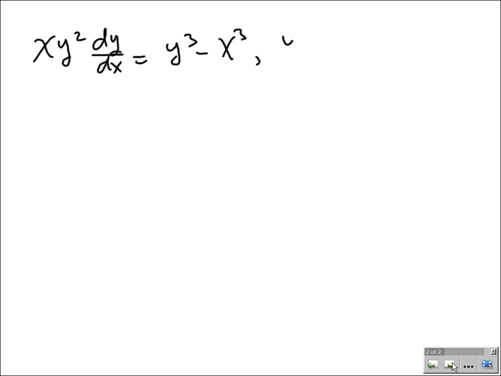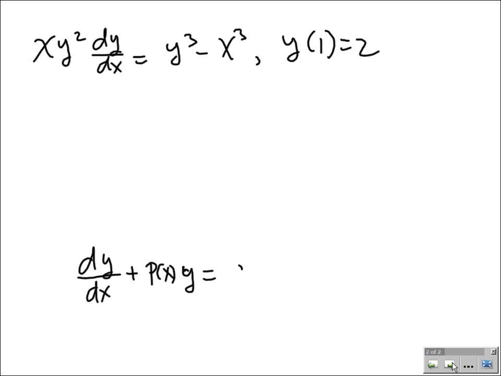They even tell us an initial condition, which means we can even solve for the constant. Now, if this is going to be Bernoulli, it needs to be almost linear.